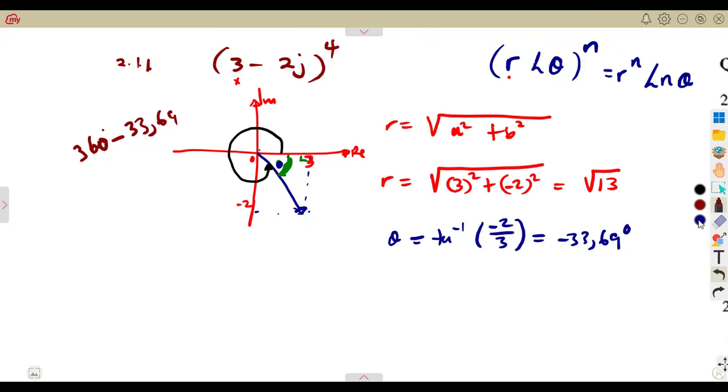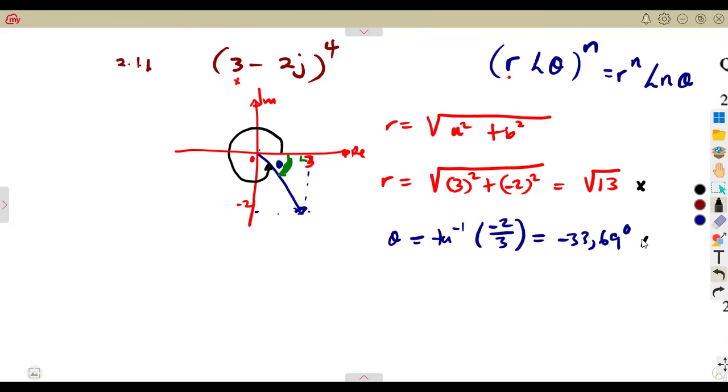So it's still one and the same thing, 326.31. You can have it like that as a positive, or you can have it as a negative. They will mark according to the angle that you've used. All right, so us using this negative angle is fine.